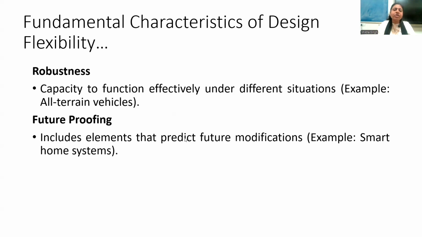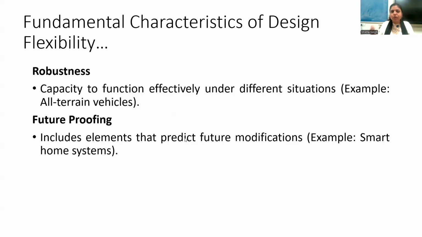The example of 4G and 5G. When 5G entered the market, what happened? This was a revolutionary technology, and many people had to replace their cell phones. But most of them did not, because some designs were flexible, more robust.